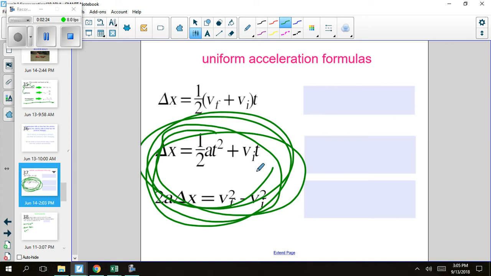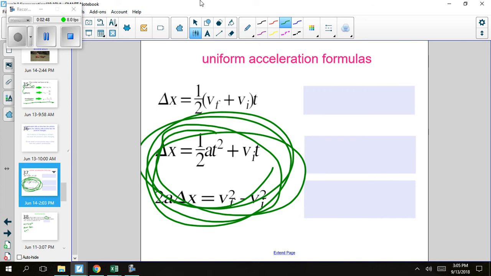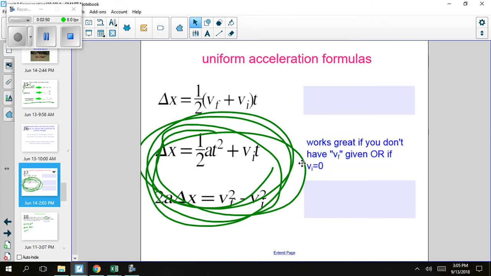So this is not going to help us very much. We're also not given our initial velocity, so that's not going to be very helpful either. What we can use is our displacement formula here and this formula over here, because the velocity initial is 0.